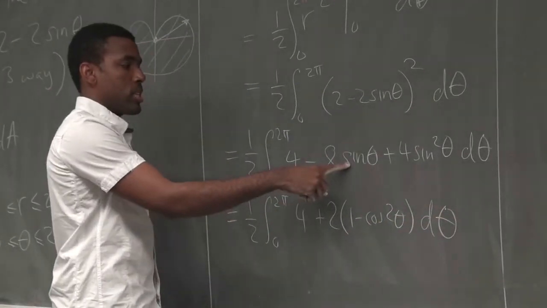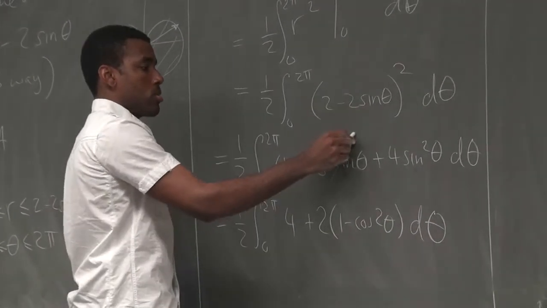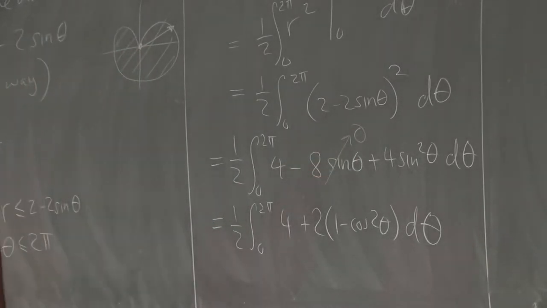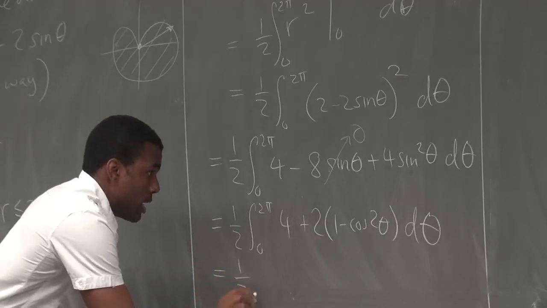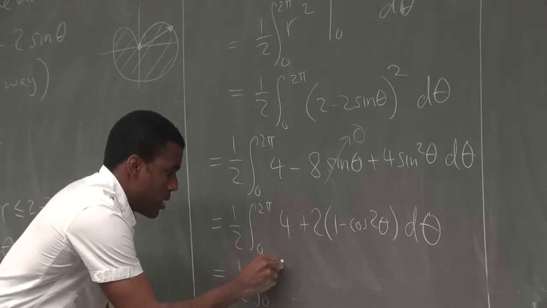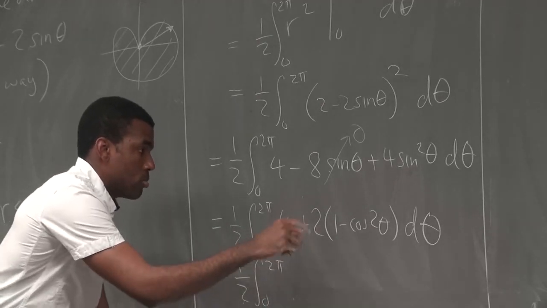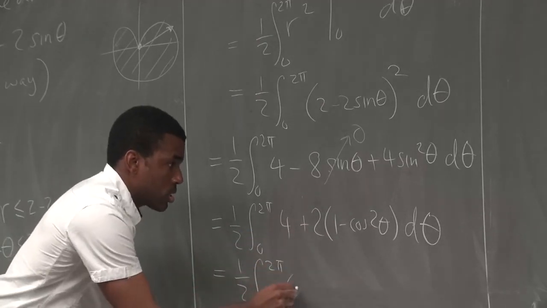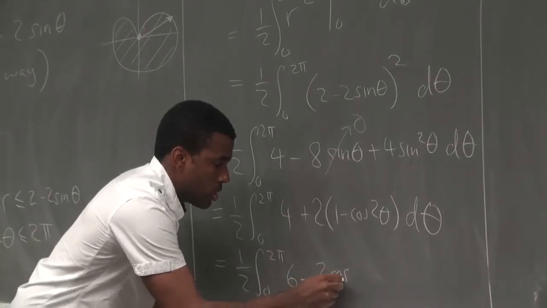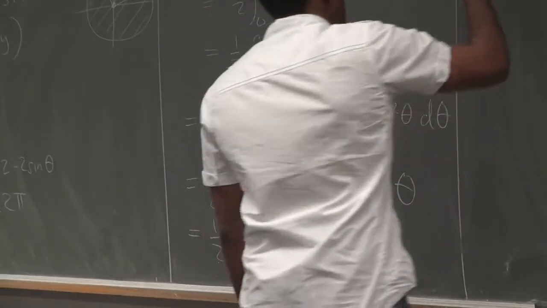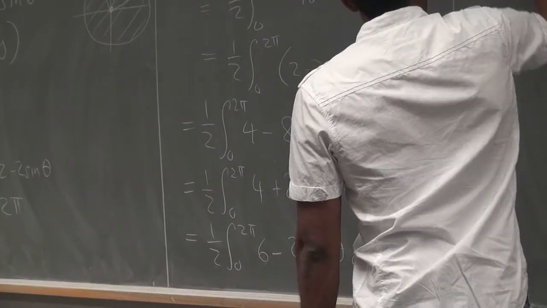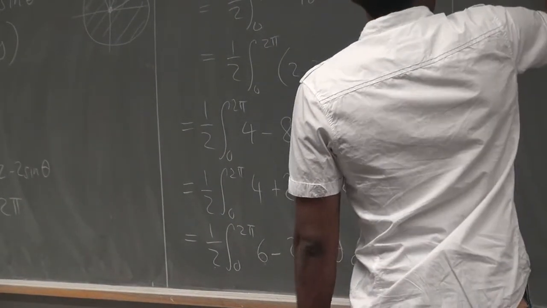Remember that if you integrate sine or cosine over 0 to 2 pi, they actually give you 0, so you can actually ignore that part. And so now that's what you have to do. So this is just 1/2 times the integral from 0 to 2 pi of 6 minus 2 cosine 2 theta d theta.